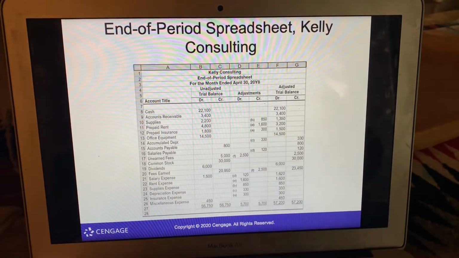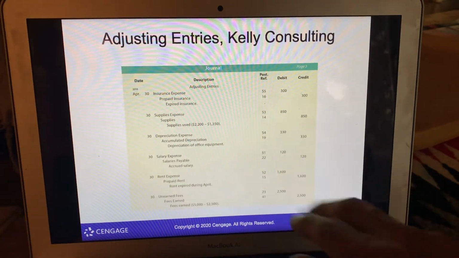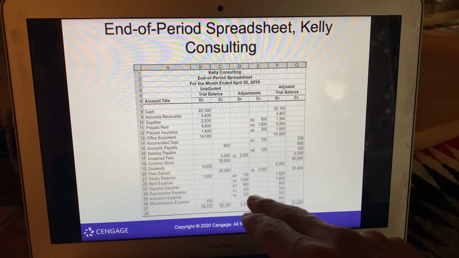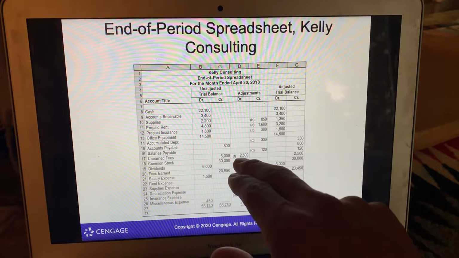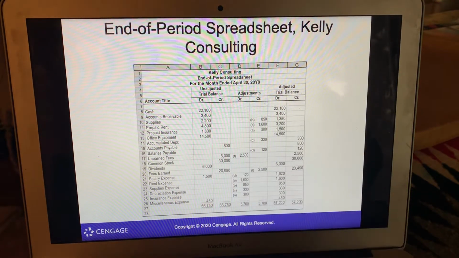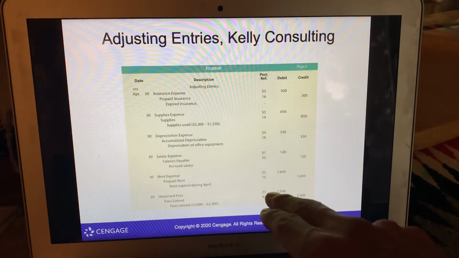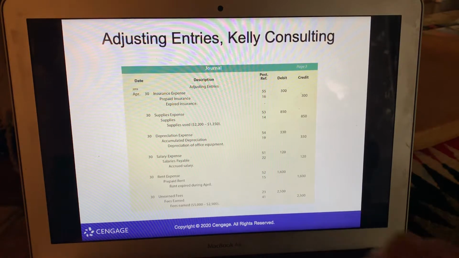For example, 2,500, 2,500. So debit, unearned fees, and credit, fees earned. Okay, so that's how we got those adjusting entries whenever we actually create the journal entries.